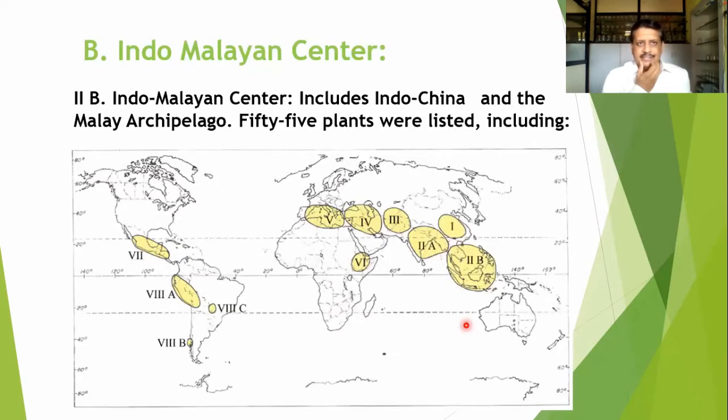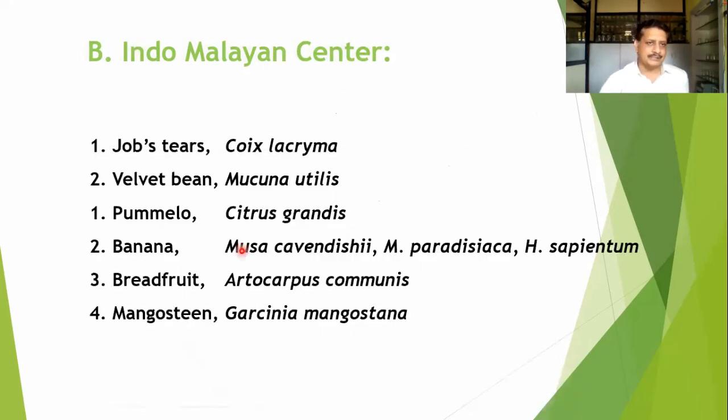Then another one is the Indo-Malayan Center. The Indo-Malayan Center includes Indochina and the Malay Archipelago. Here 55 plants were listed, and this is the Indochina border. So this is part 1 and part 2. Here you can find this location where the Indo-Malayan Center is, and about 55 plants are there.